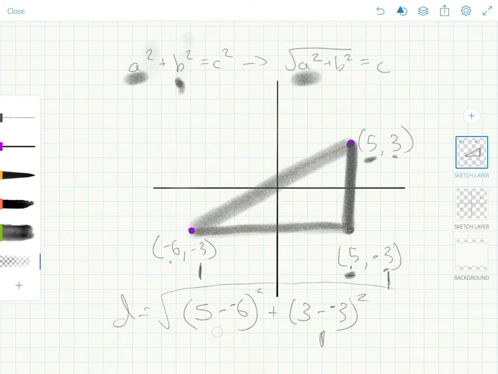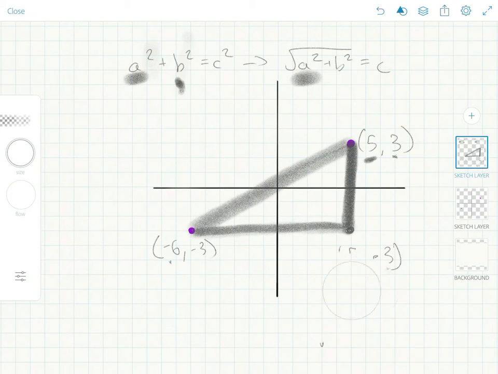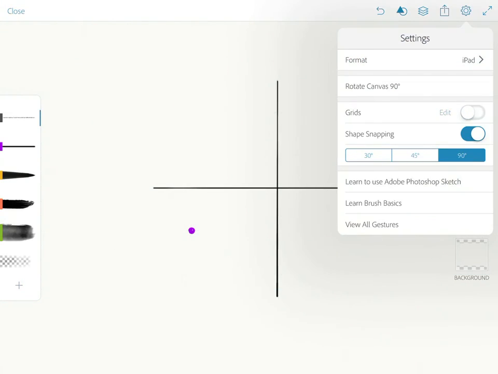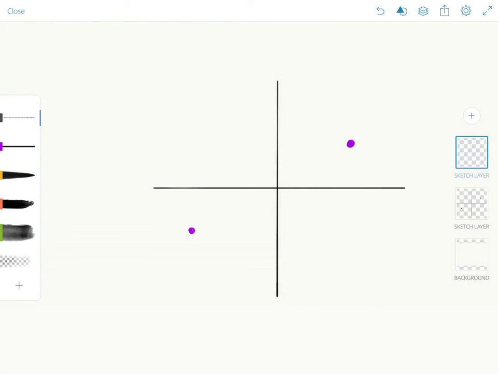So let's look at that, but let's look at it off the grid and with generic points. So let's turn the grid marks off. Now, we don't know where those 2 points are, they're just 2 free points in space, and we want to know exactly how far apart those 2 points are. So we're going to use the Pythagorean Theorem, and we're going to use a right triangle that we create just like that.